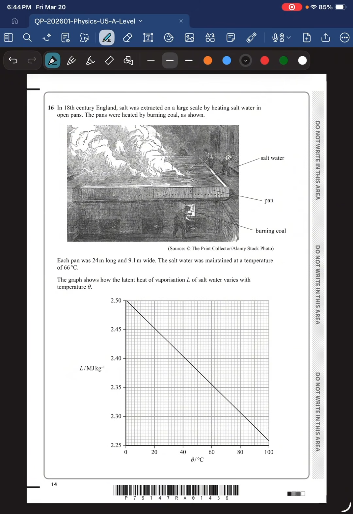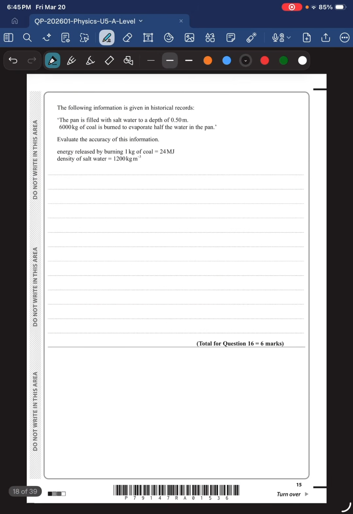Anyway, so each pan was 24 meters long and 9.1 meters wide. The salt water was maintained at a temperature of 66 degrees Celsius. The graph shows how the latent heat of vaporization L of salt water varies with temperature theta. All right. The following information is given in historical records.